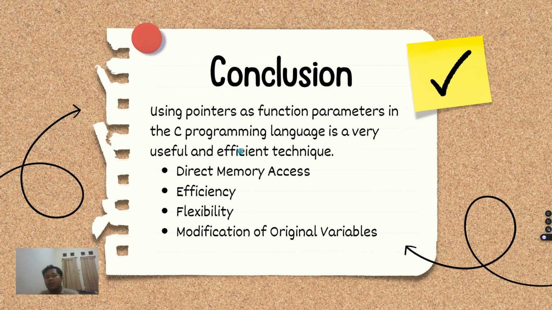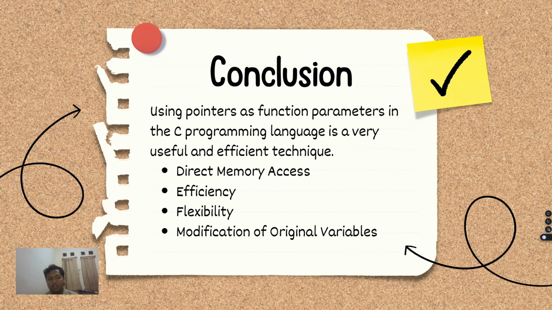So what can we conclude in this video? Using pointers as function parameters in the C programming language is a very useful and efficient technique. In C, when you pass an argument to a function, it is typically passed by value, meaning that a copy of the data is made.